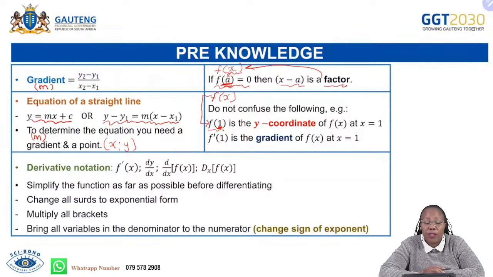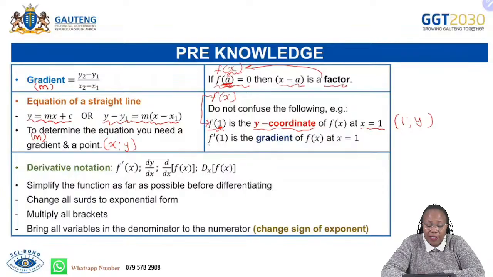We substituted 1 for x. That means you are looking for the y coordinate where x is equal to 1. The value that you'll get after substituting a 1 in your f at x will be your y value. And then now you can write this in coordinate form: x is 1, and then the y value that you will get after calculating them.